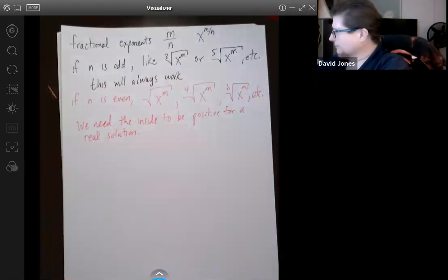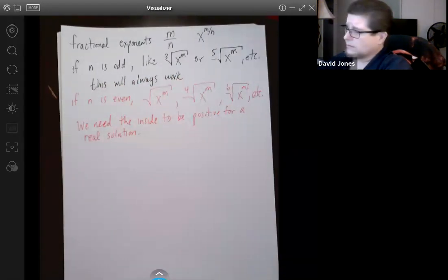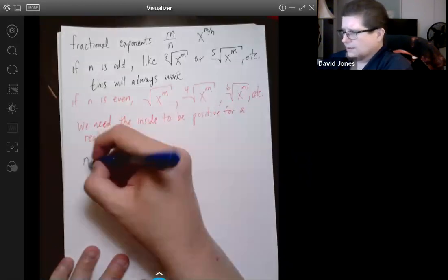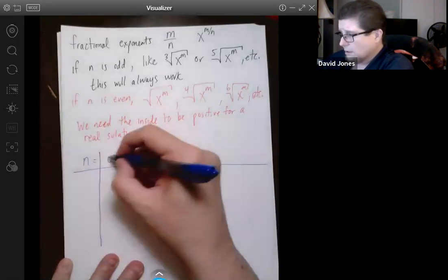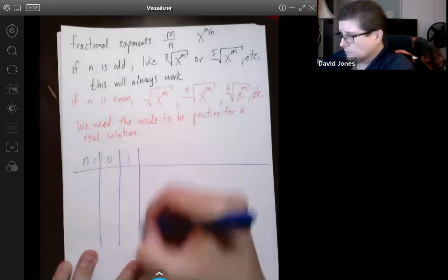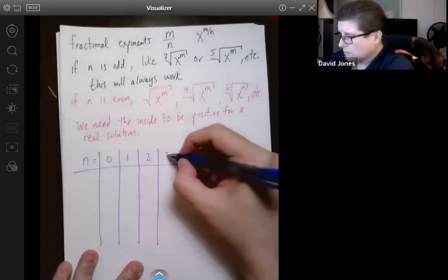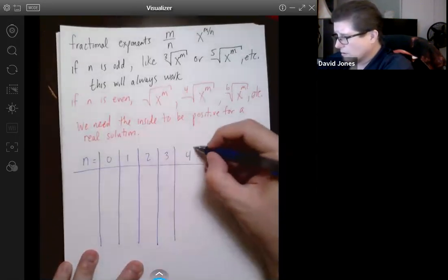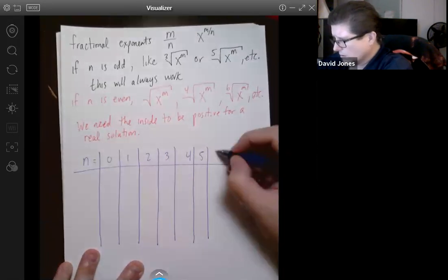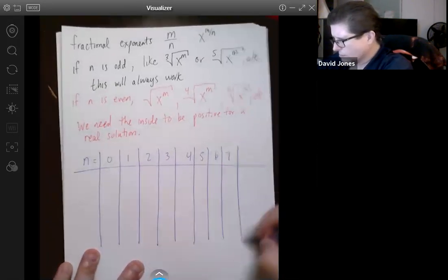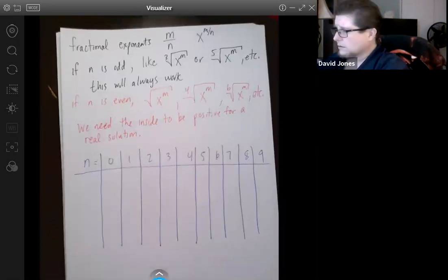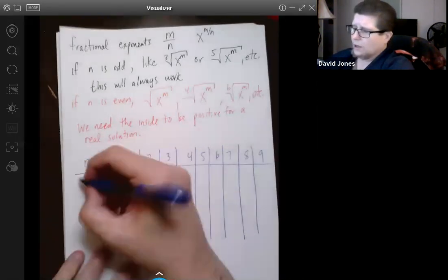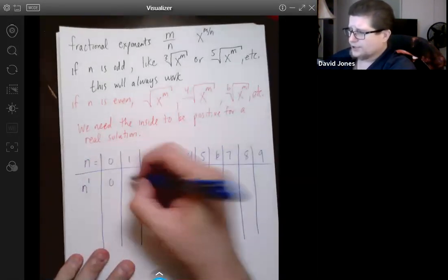And here's a little table for you. Well, n to the first power is just the same number.